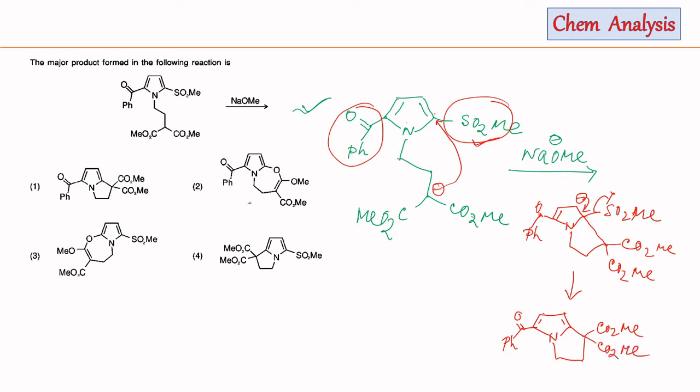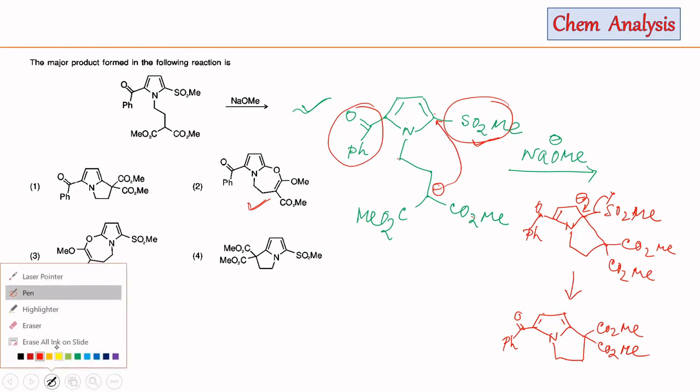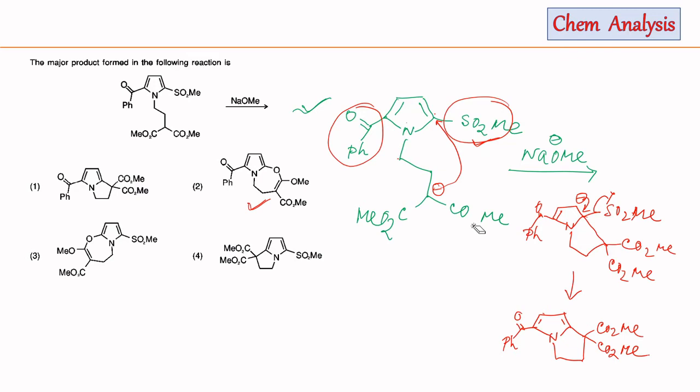You can also think that this product may be the final product, or this product may be formed, and how this product will be formed, let me tell here. The anion here, you can draw it like this.